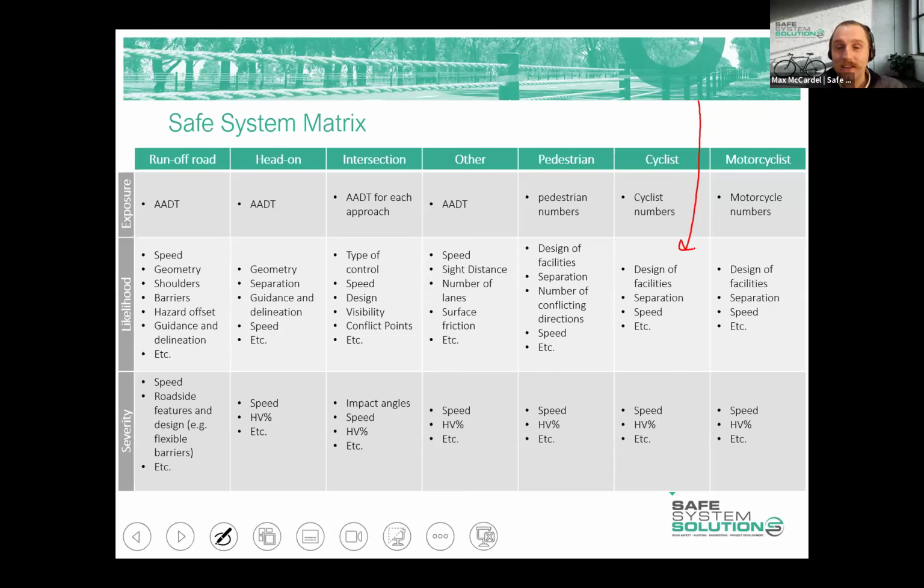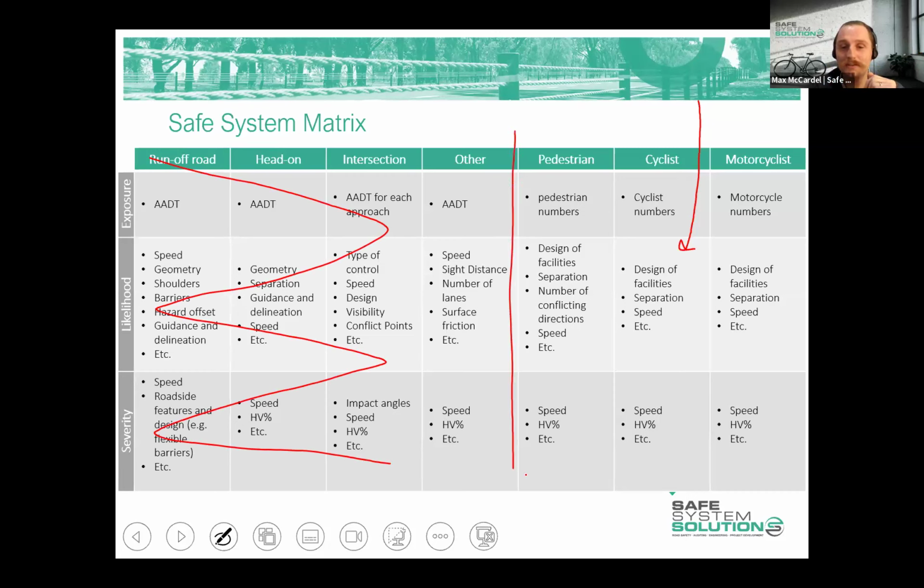If you were doing that as well, it's quite possible that these ones would not be relevant, because if you're just looking at a shared path, the way that you would tend to look at things would be pedestrian and cyclist crash risks and focus on them. So you actually might have an abridged matrix. The Austroads Guide doesn't actually spell out exactly how you could manipulate that.